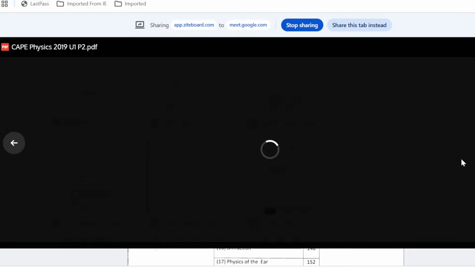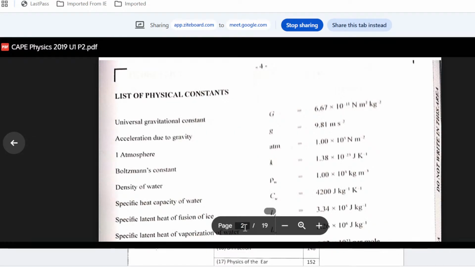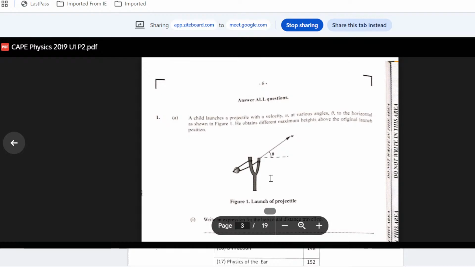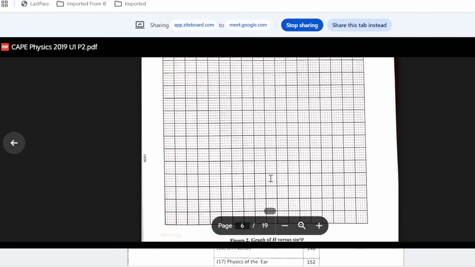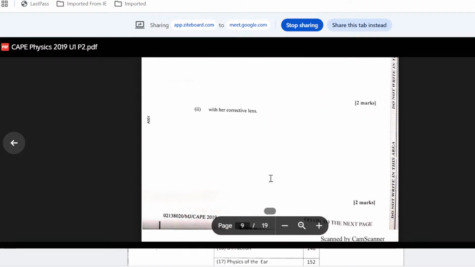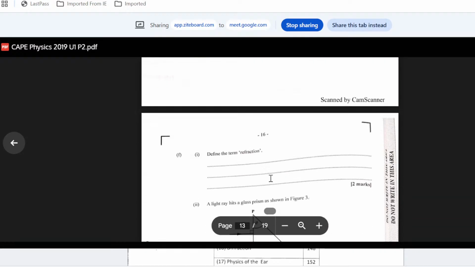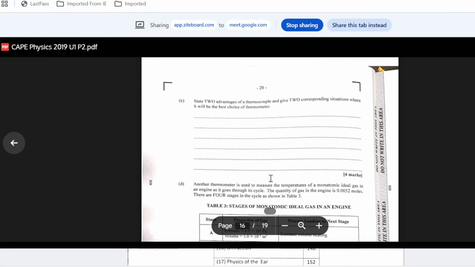I think this is it. This is so blurry. Why is it so blurry?